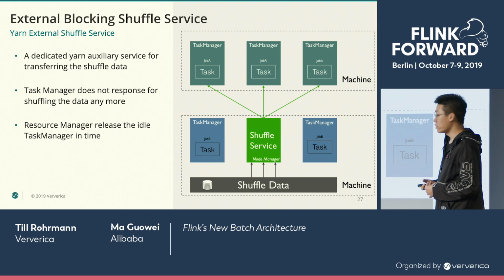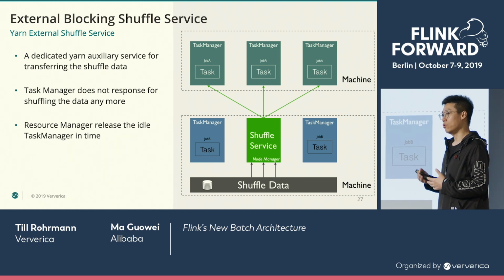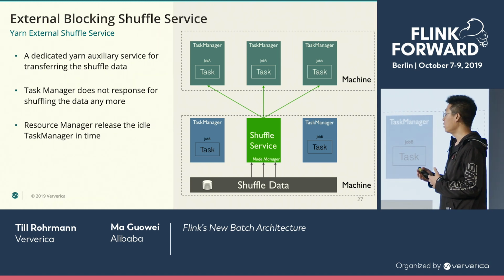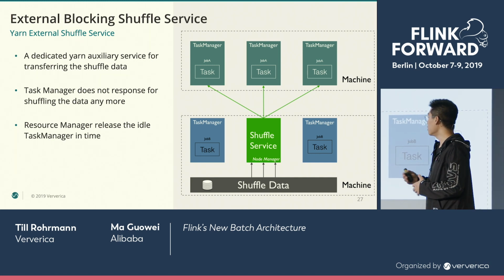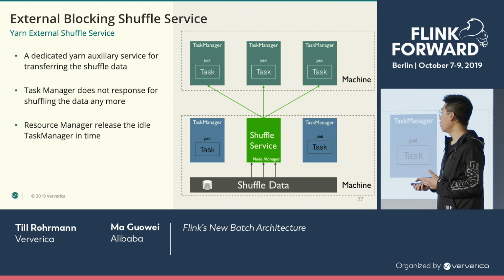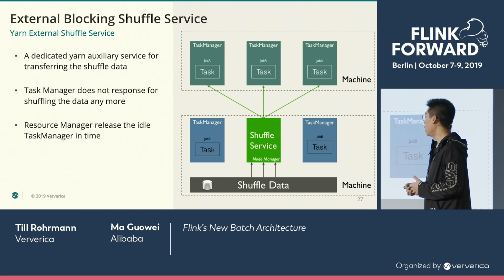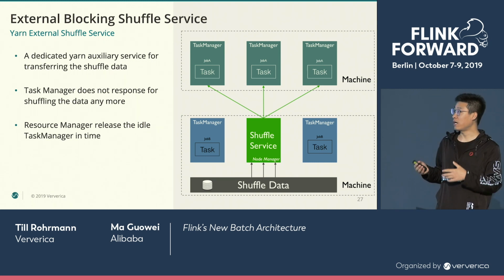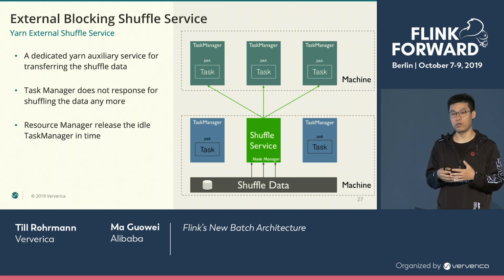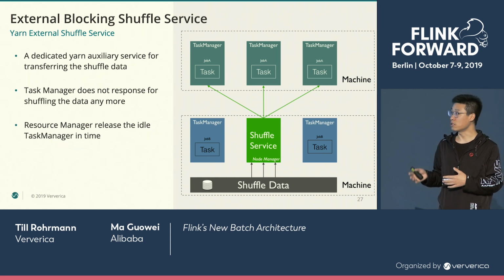The general idea to resolve the resource utilization problem is that we launch an auxiliary service for the transmission of the shuffle data in every node manager, and the write part of the shuffle service is responsible for writing the data to the disks.